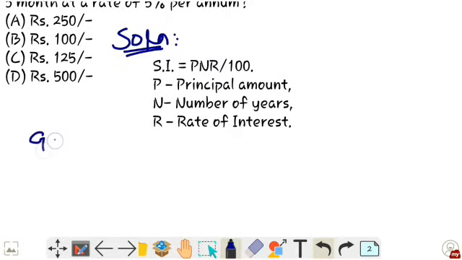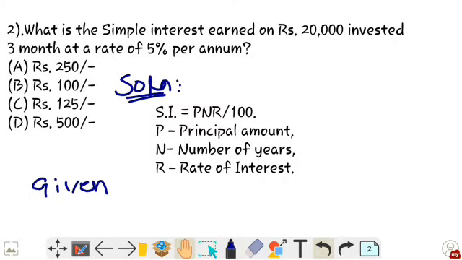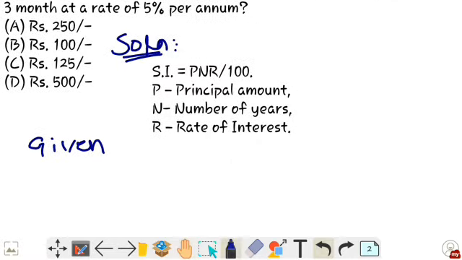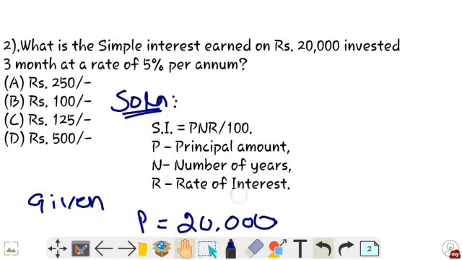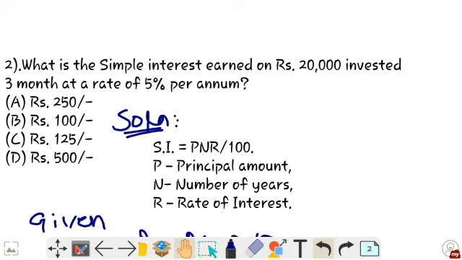Given principal amount P equal to 20,000. Number of years N, but they gave it in terms of months, 3 months.